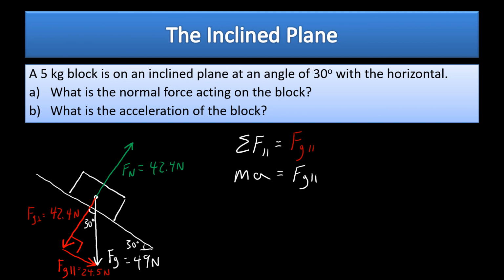Now we know the mass of the block, 5 kilograms, times a is equal to 24.5 newtons. And to solve for the acceleration, you just divide and you get 4.9 meters per second squared.